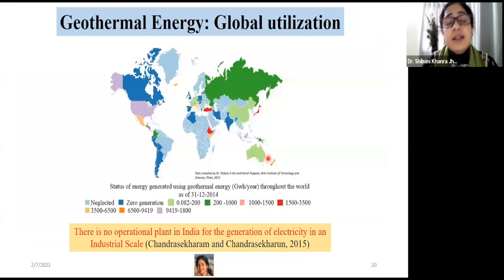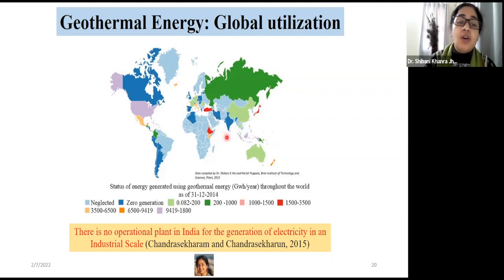Now, looking at that aspect, what we have understood from our study is that geothermal energy is not a charted domain so far in India, so why not look at that particular domain? So we started looking at the geothermal prospects, and if you look at the global status in terms of global utilization, you can see in the map itself that there is certainly scope in the context of India that geothermal energy can be one of the prospective sources.